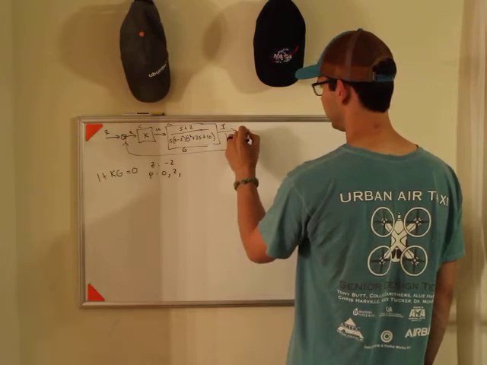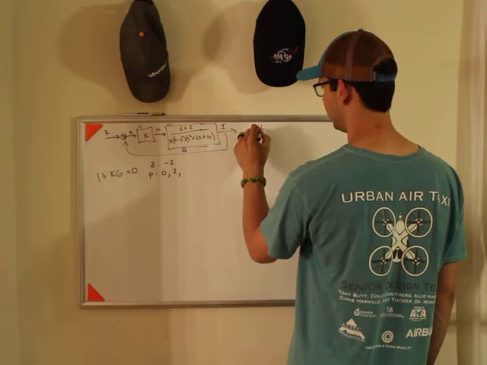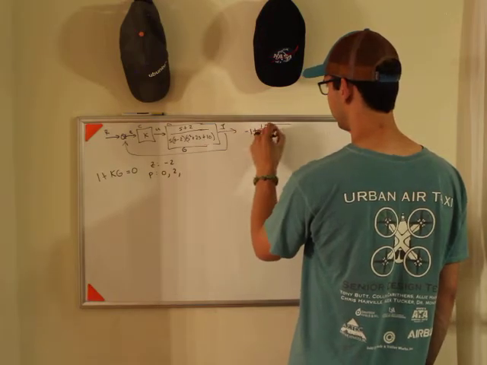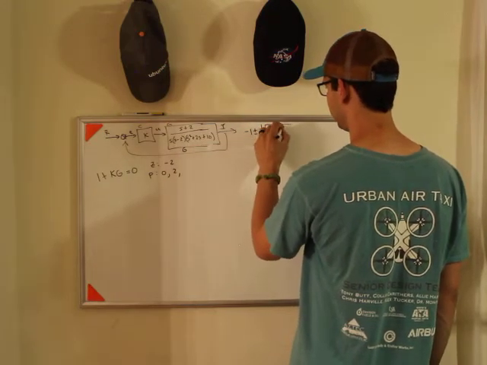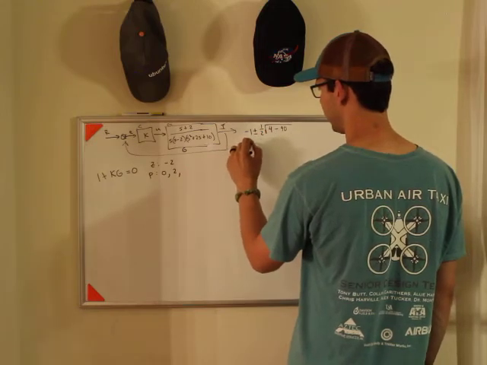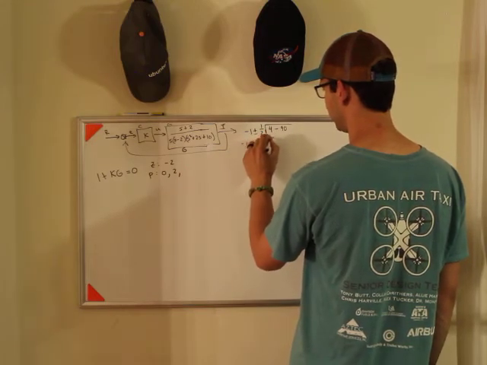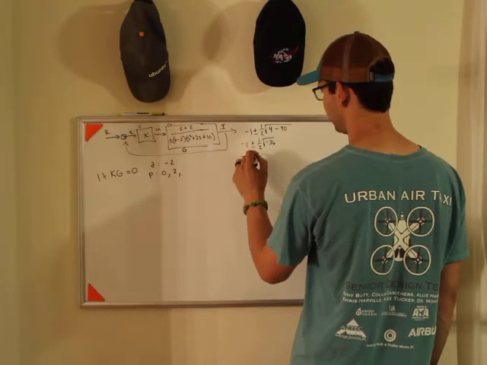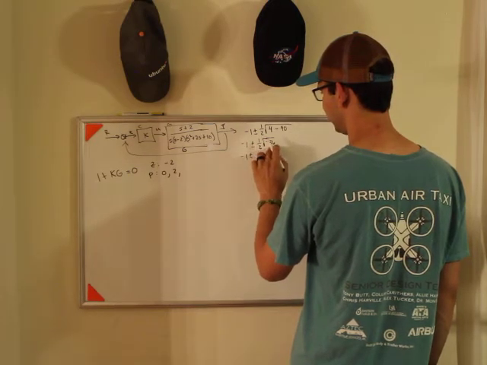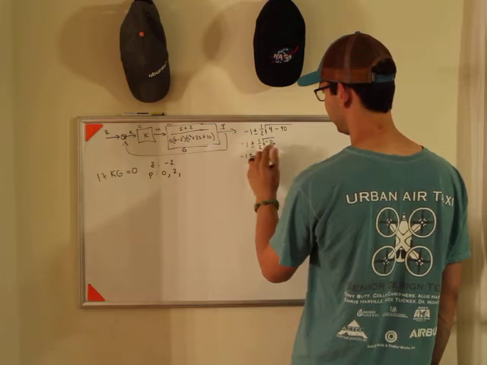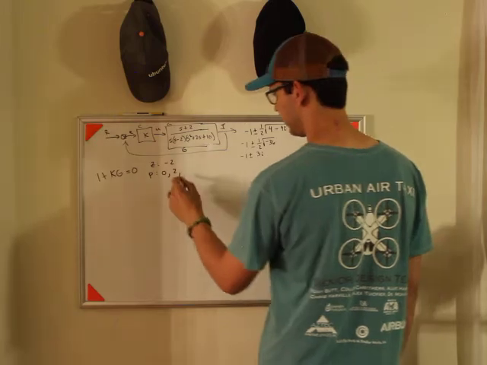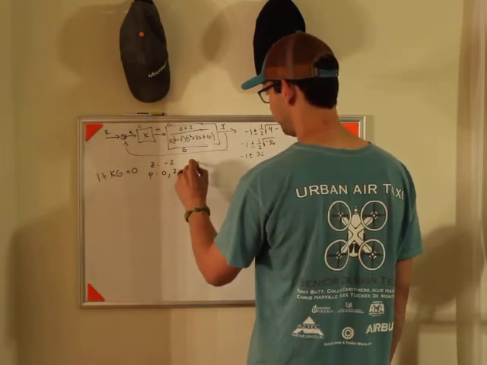No. So it's going to be -1 plus or minus 1/2 square root of b squared, which is 4, minus 4ac, that's minus 40. So that's -1 plus or minus 1/2 square root of -36. So that's -1 plus or minus, is that 6i? Yeah, so it's 3i. Okay, so then we have -1 plus or minus 3i.